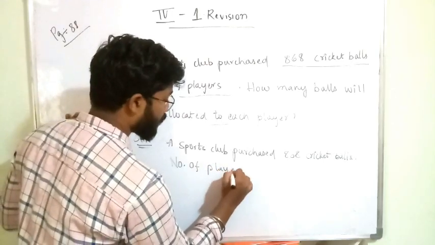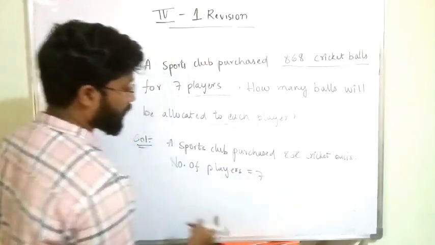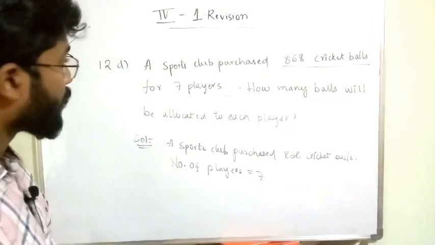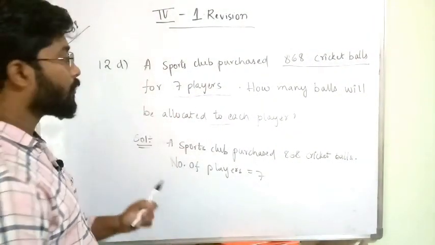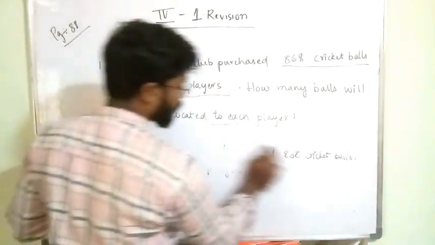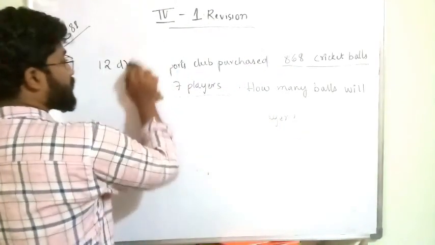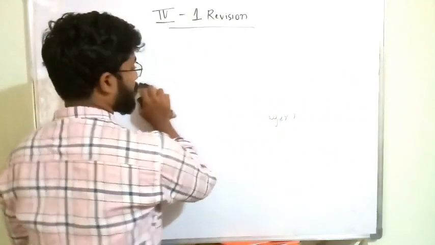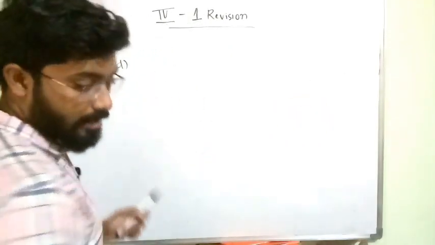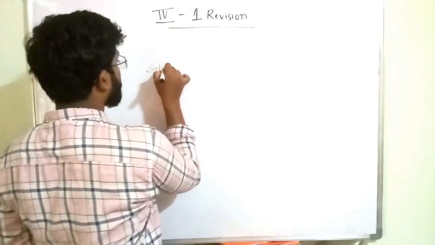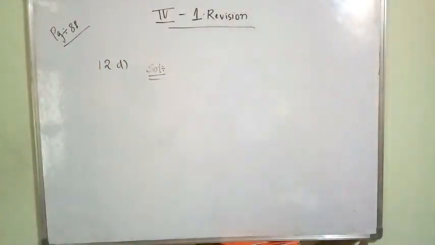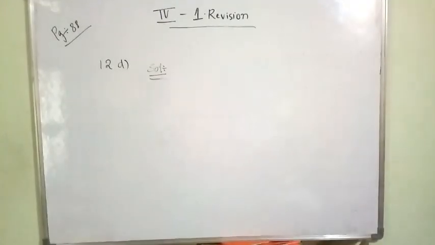Number of players equal to 7. Like that you have to write. These two statements you can write by seeing also, so that's why I am rubbing it. Let us see the solution. I am writing once again.